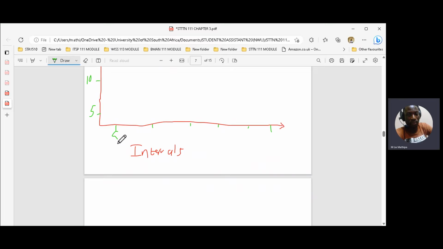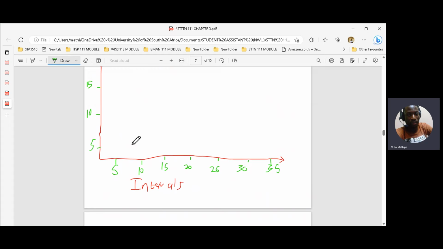I can just say we have 5 in this case, and then somewhere here we have 10. Somewhere here we have 15, then 20, 25, 30, and 35.